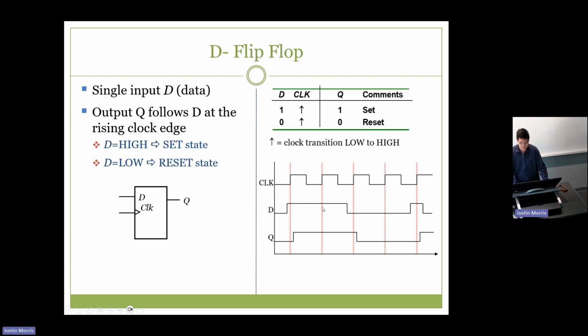And then at the next positive edge, D is still 1, so Q just stays 1. At this positive edge, D is 0, so Q changes to 0. Positive edge, D is 0, Q stays 0. Positive edge, D is 1, Q changes to 1.